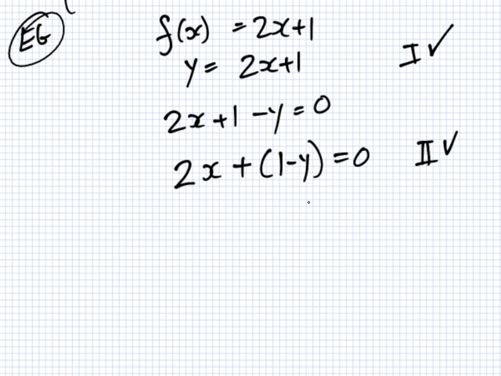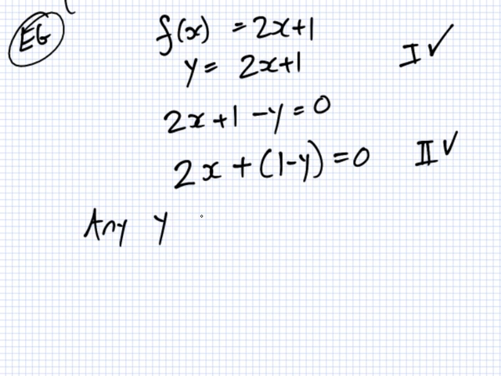So that's step 2. And then finally, you need to ask yourself, what y's will make this solvable? Any y can be used. You know, because if you rewrite this as x equals minus (1 minus y) over 2, it doesn't matter what y you use.